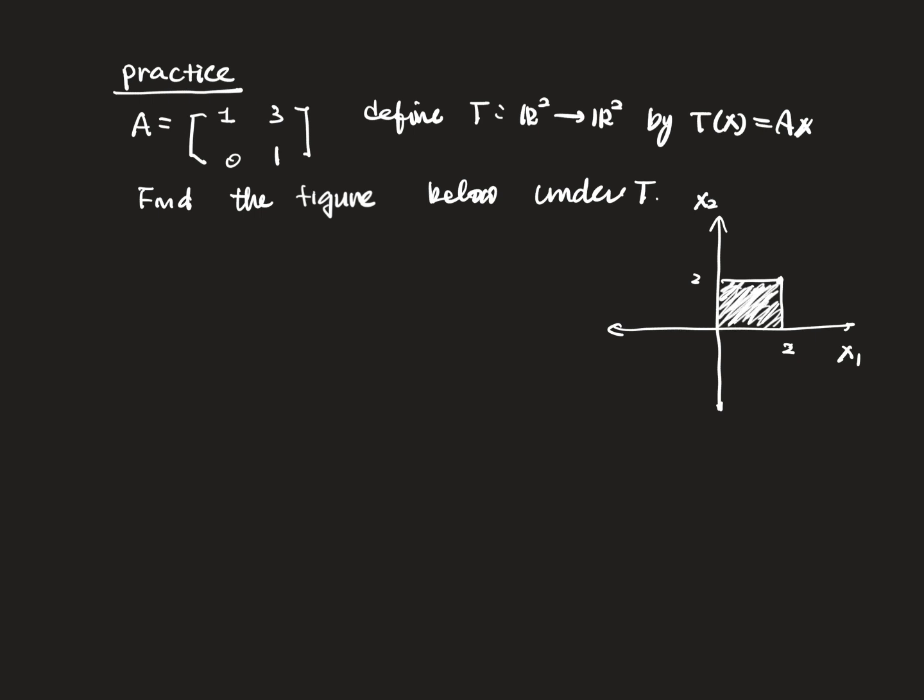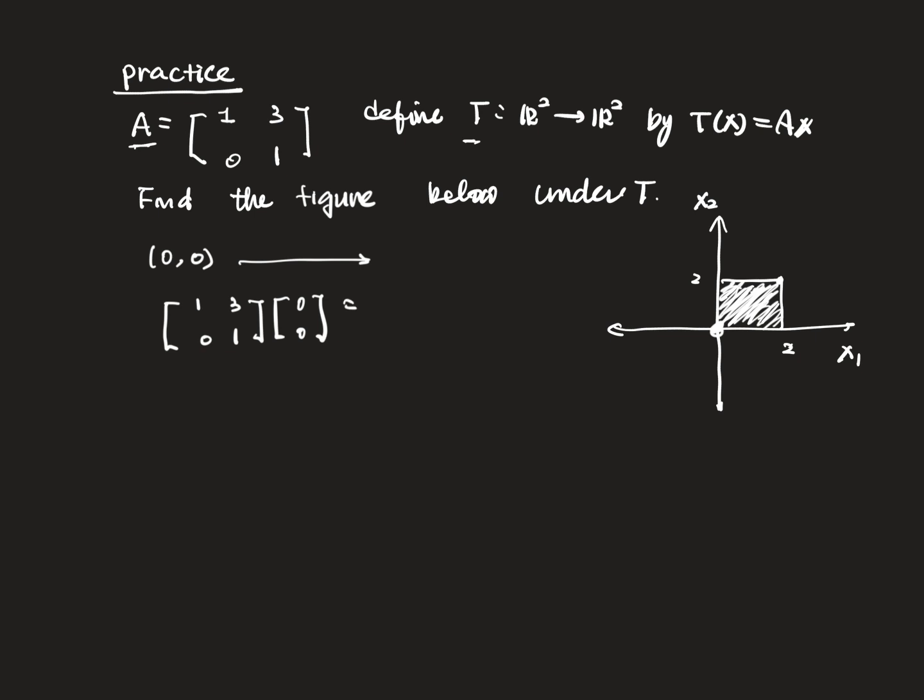So we have a matrix transformation, a matrix. So how is this square going to change under this transformation T, guys? So let's start with this point 0 and 0. So 0 and 0 changes to which point under this transformation? So we're going to have matrix 1, 3, 0, 1 and 0 and 0.